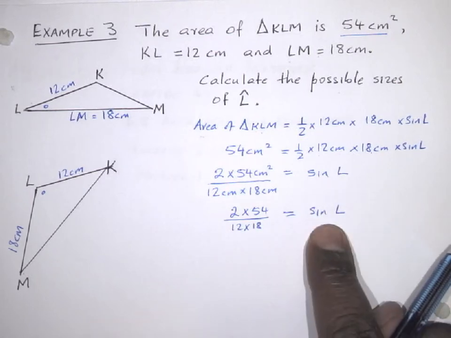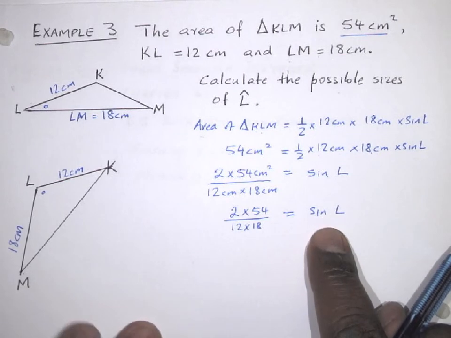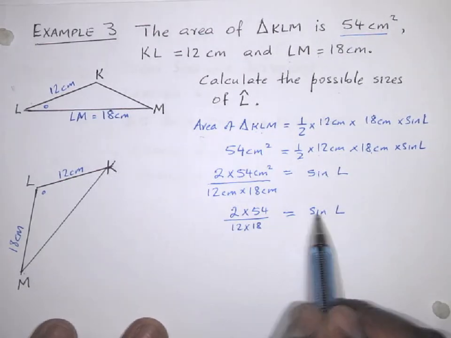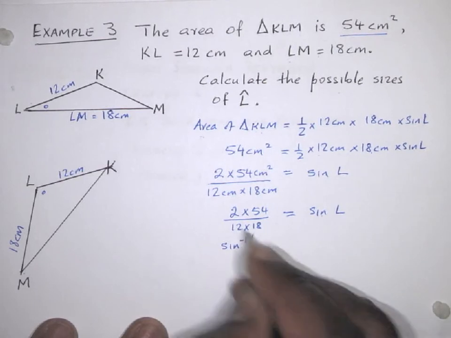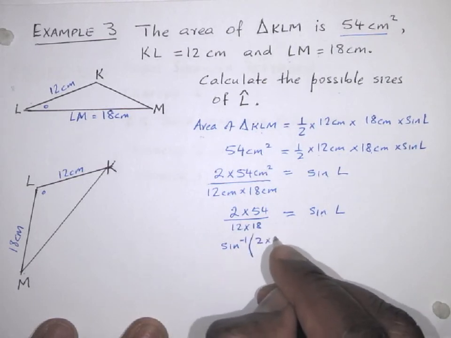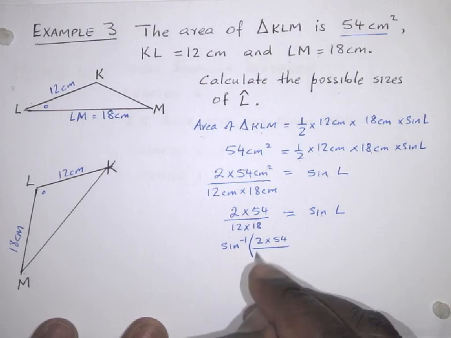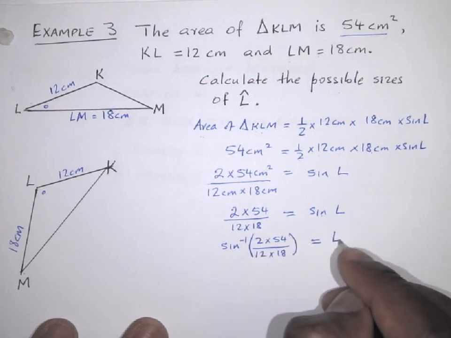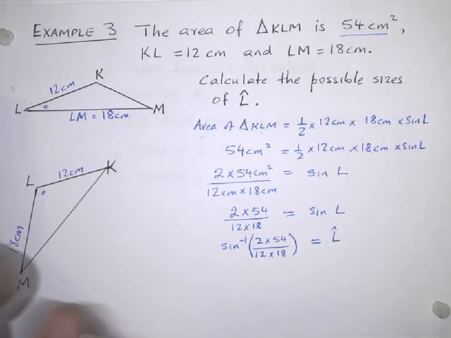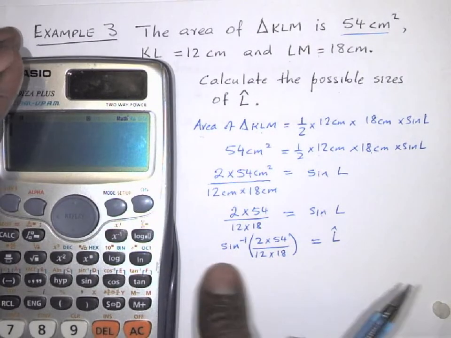Now how do we find L? We know that to find the size of angle L, the sine will go to the other side and give us the inverse sine of this. This is 2 times 54 over 12 times 18 is equal to angle L. Now let's see what we get. So we've got that, and now this is arc sine.